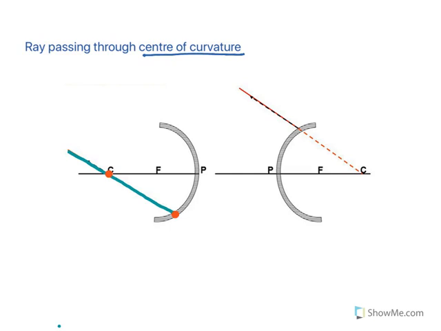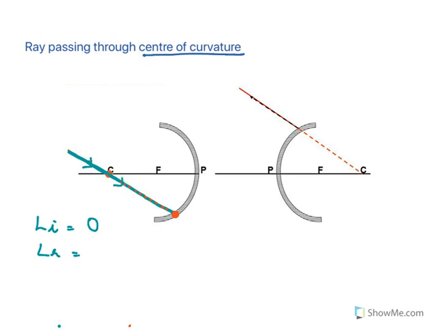So a ray passing through the center of curvature is going along the normal. Now in this case, the angle of incidence will be 0 and the angle of reflection should also be 0. So the ray that comes in will retrace its path. It will go back the same way.